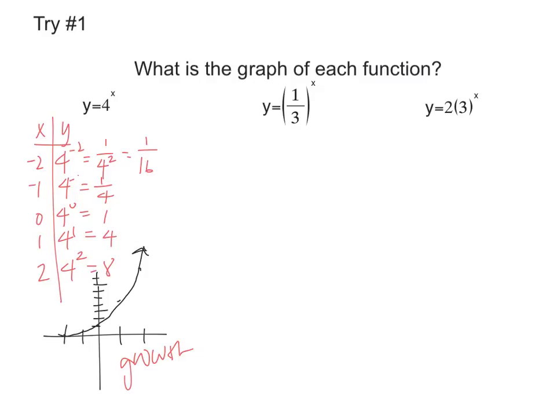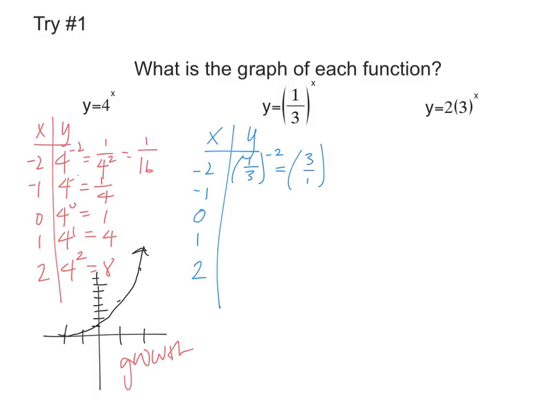Okay, let's look at the next one. Again, create our table. And I do want to be sure and very clear about this when we do our homework. Be sure that you are creating your tables. Okay, so this is 1/3 to the negative second, but we know to make that a positive, we're going to flip it over.